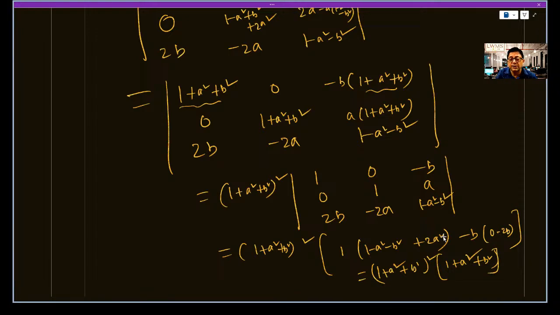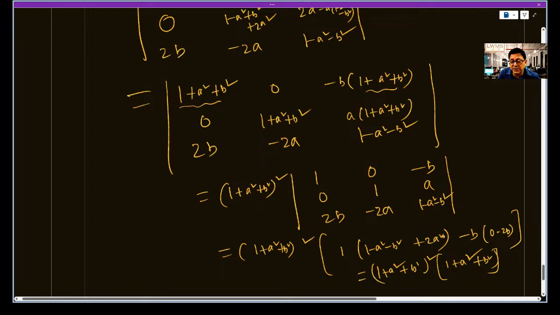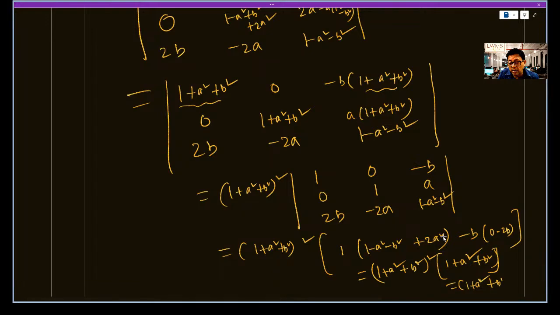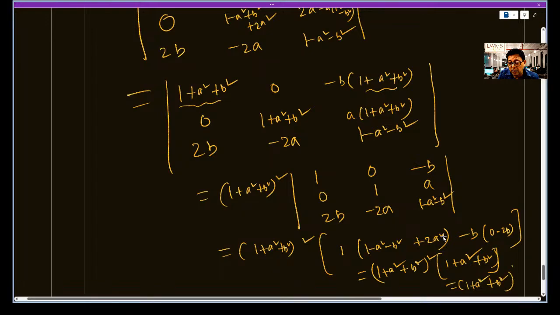Finished. I got 1 plus a square plus b square to the power 3 by 2. Clear? To the power 3.